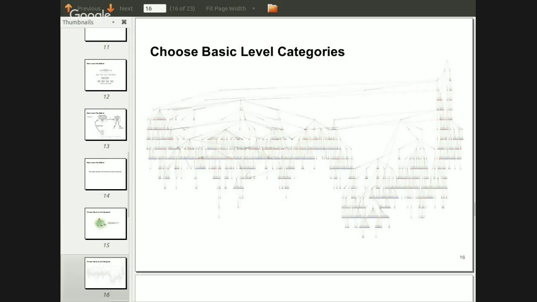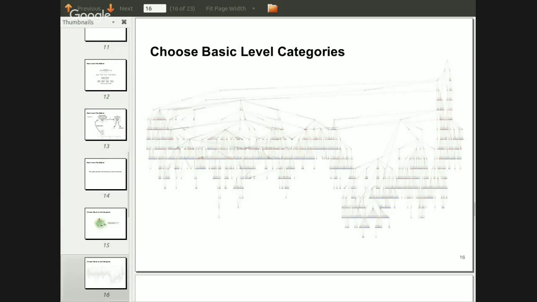Okay, this is not clear, but I will make it bigger. So basically, this is a hierarchy. At this scale, you may notice that there are some red nodes and some blue nodes.